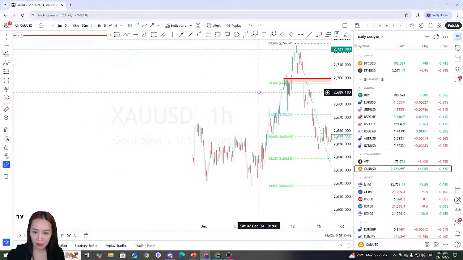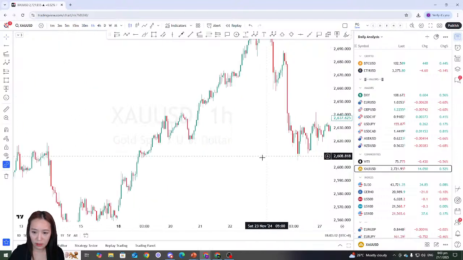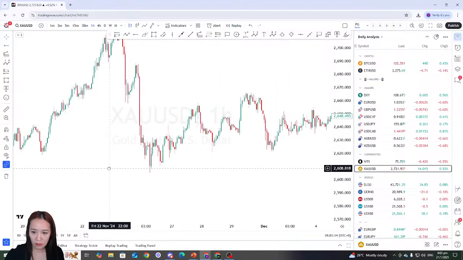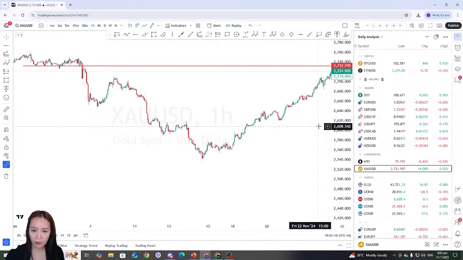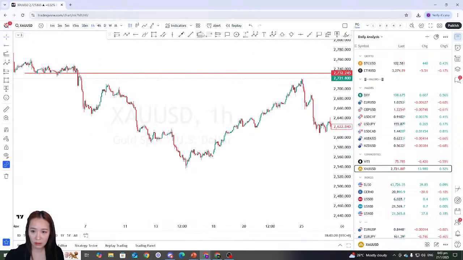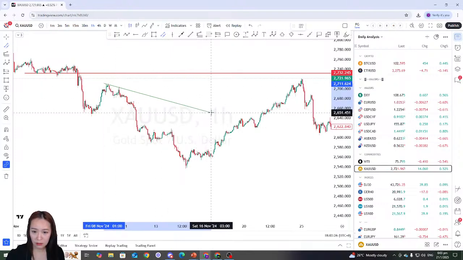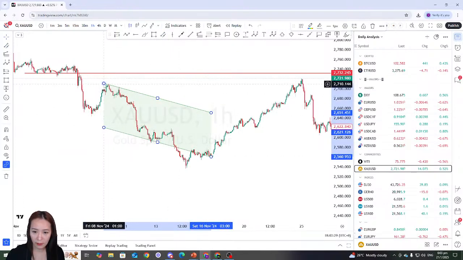So this is a bullish channel. What about the bearish? It's just the opposite. So basically, how do you draw it? Let's say here 2 touches for the channel, here.